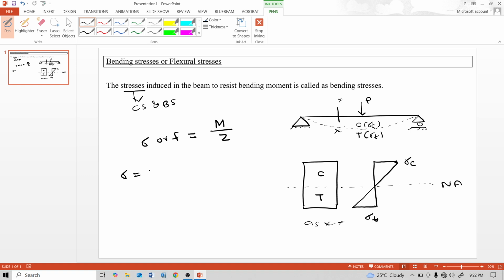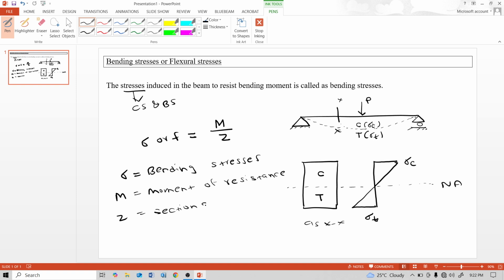This sigma is bending stress, this capital M is the moment of resistance, this Z is the sectional modulus, and the sectional modulus is moment of inertia divided by Y. Y is the distance between the neutral axis and the extreme fiber.